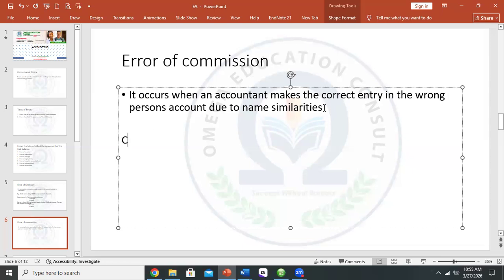So example 1: cash paid to Kwesi $50 was recorded in Kwesi's account.